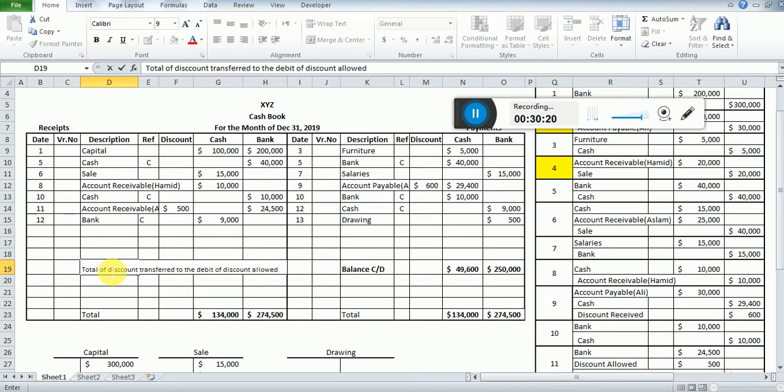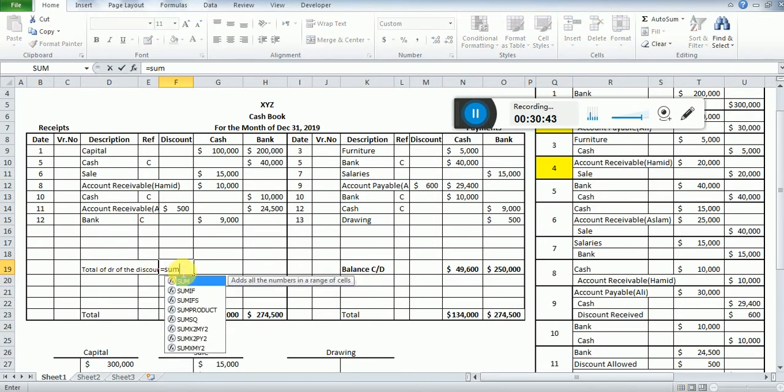Once again, total of discount transferred to the debit of discount allowed. So I'm simply mentioning total of discount, total of debit of the discount. And how much is that? That is 500. If you sum it, the total is 500, nothing more.